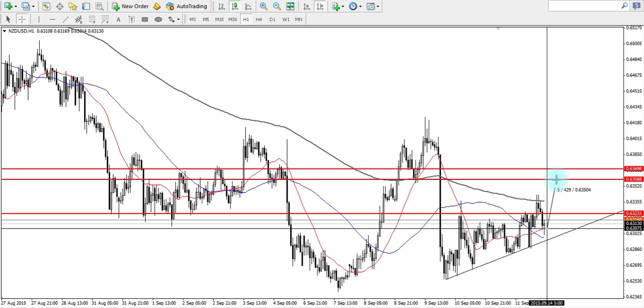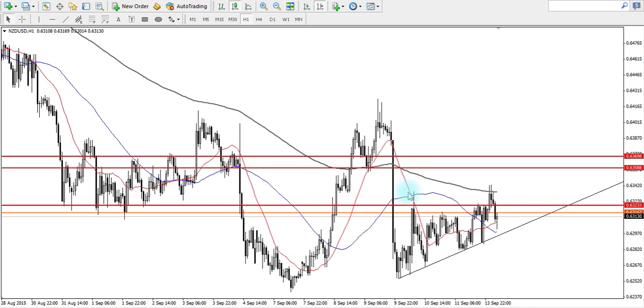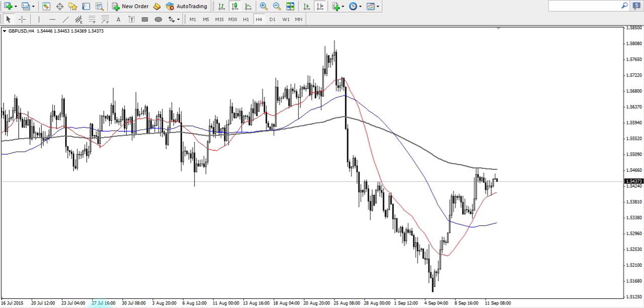Let's just wait for the price to retrace further, since we are also expecting the US dollar will weaken a little bit further as it moves towards the federal fund rate on Friday, 2 AM GMT plus 8. So this is the key level for us to go for the sell. Just wait for the price to retrace further, and that is for the New Zealand dollar against the US dollar. Next we have the pound against the US dollar.